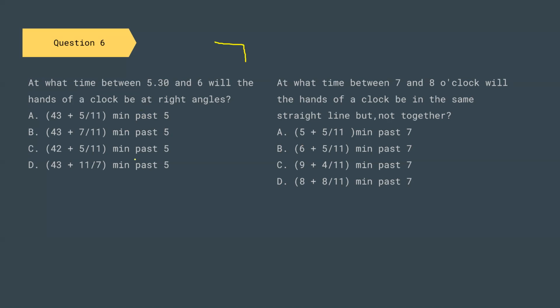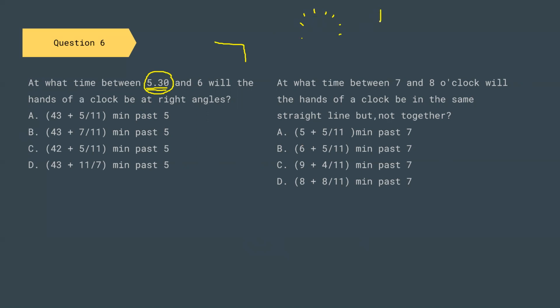First, we have to find out the initial angle between the hour hand and the minute hand. So the time is 5:30 p.m. and what will be the angle between the hour hand and minute hand? Let us imagine a clock. A clock has 12 divisions like this.